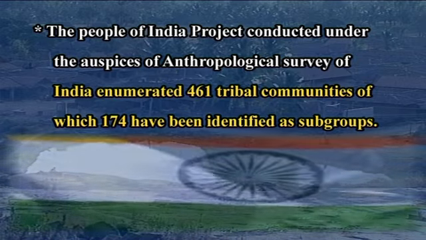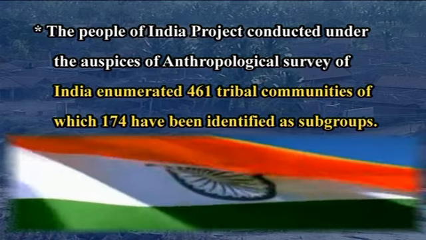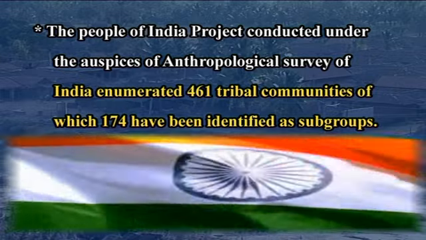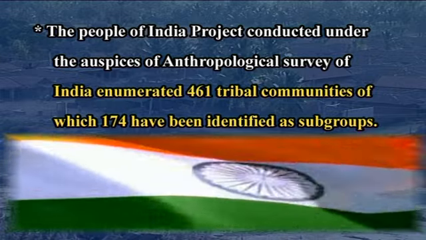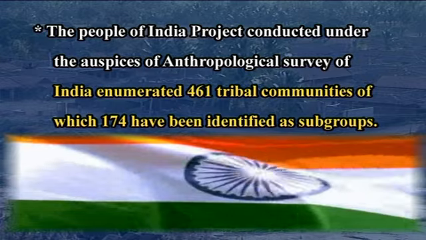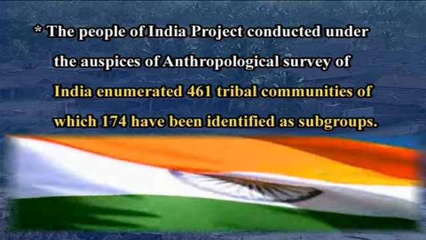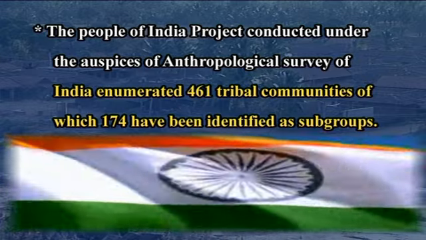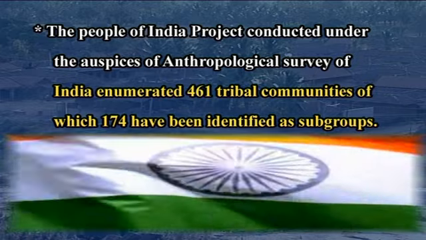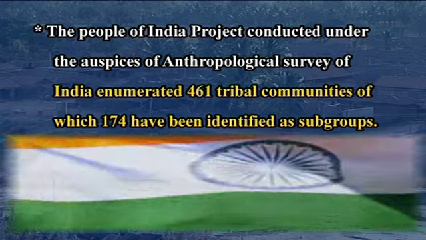The tribes of India are classified into different groups on the basis of geographical location, language, race and levels of their socio-economic development. The People of India project, conducted under the auspices of the Anthropological Survey of India, enumerated 461 tribal communities, of which 174 have been identified as subgroups.